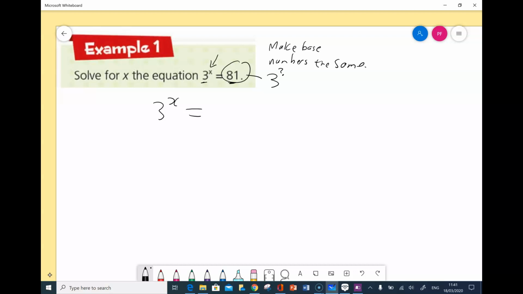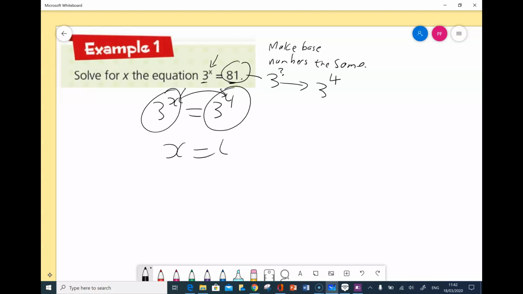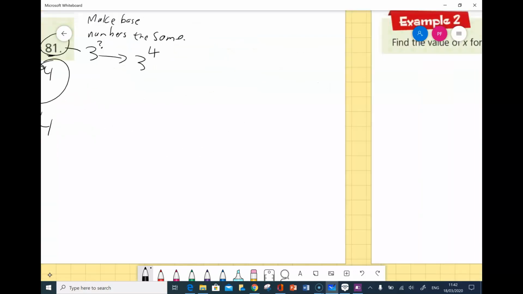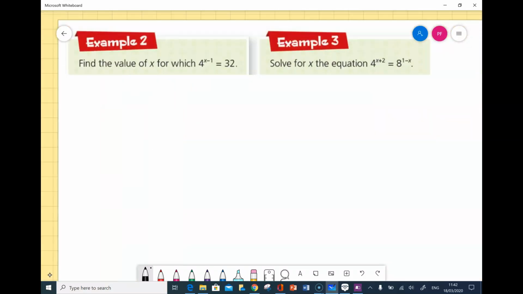You'll find that 81 can be written as 3 to the power of 4. So if 3 to the power of x is equal to 3 to the power of 4, then obviously x is equal to 4.